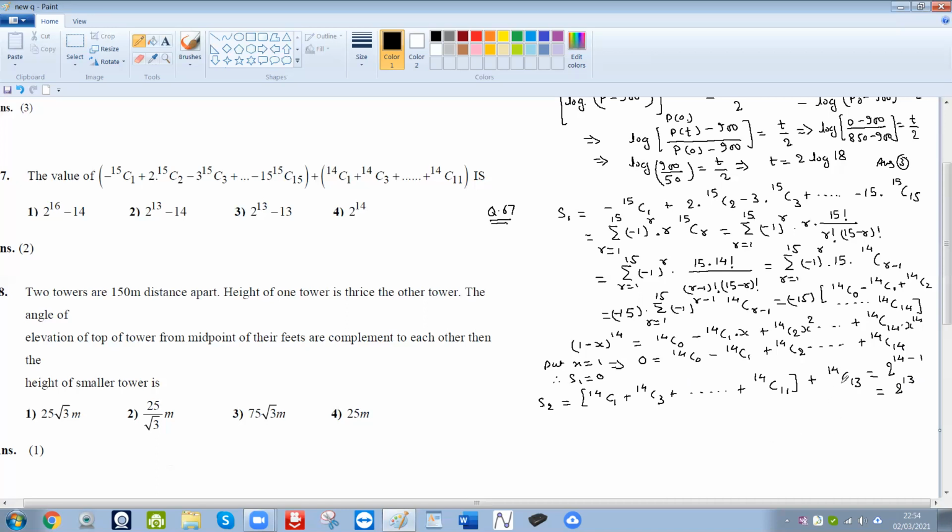Now 14C13 will be equal to 14. So S2, this had to be added. S2 was actually just this much. So this factor is 2 raised to the power 13, and I should also subtract this factor to obtain S2.